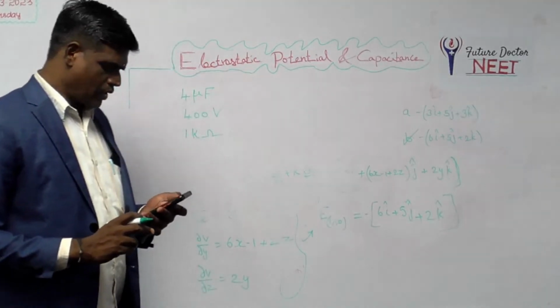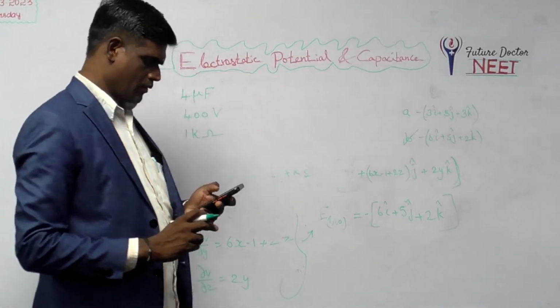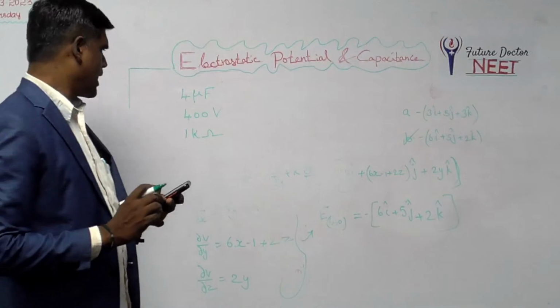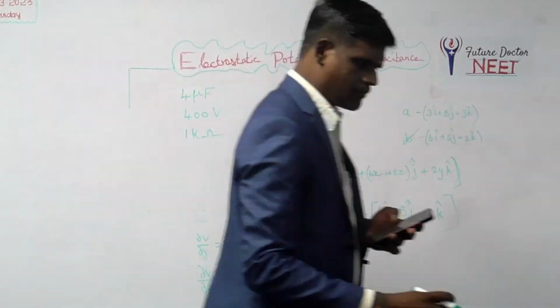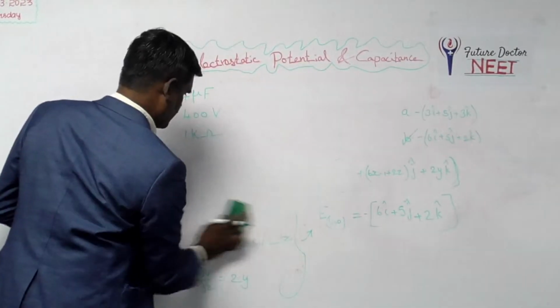The heat produced in the resistance is dash.